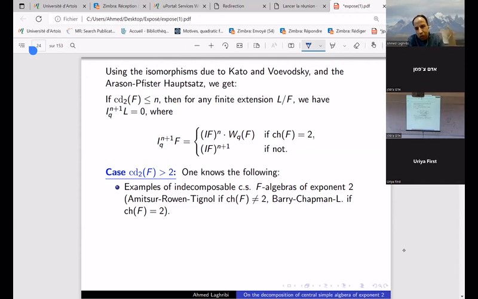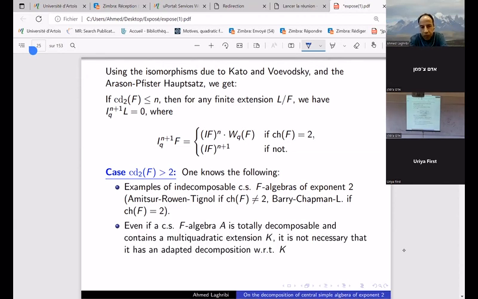The famous first example is due to Amitsur, Rowen, Tignol if the characteristic is different from 2. And recently, in characteristic 2, Barry, Chapman, and myself constructed an example. So we have indecomposable central simple algebras of exponent 2.